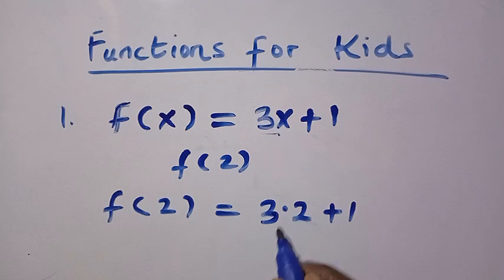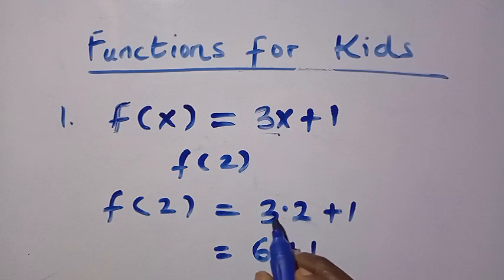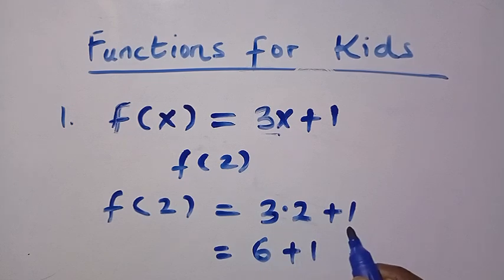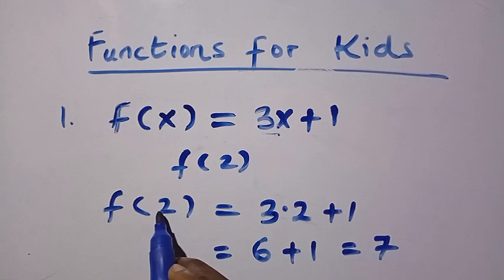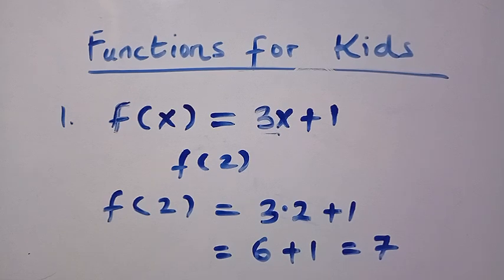This is multiplication: 3 times 2 gives us 6, plus 1. We follow multiplication first before addition. 6 plus 1 gives us 7. The input is 2, the output is 7. This is how this one goes. And let's consider another example.